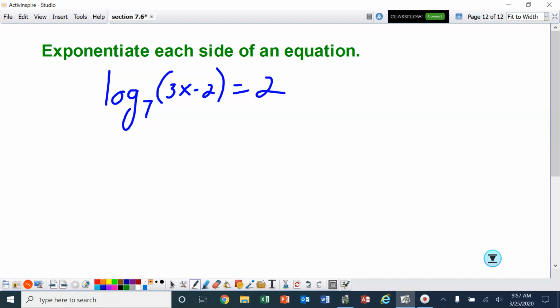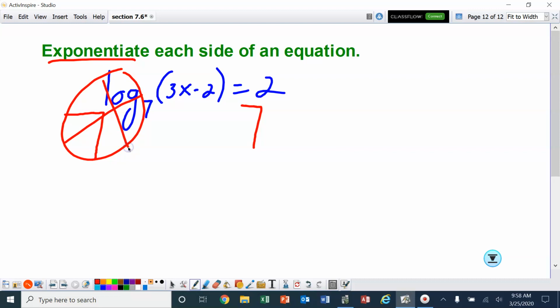I want to get rid of log base 7, so I'm going to exponentiate each side. I'm going to make what I see on both sides my exponent: 7 to the power of all of that, and the same thing on the other side. These cancel each other out, and I am left with 3x minus 2 equals 7 squared.